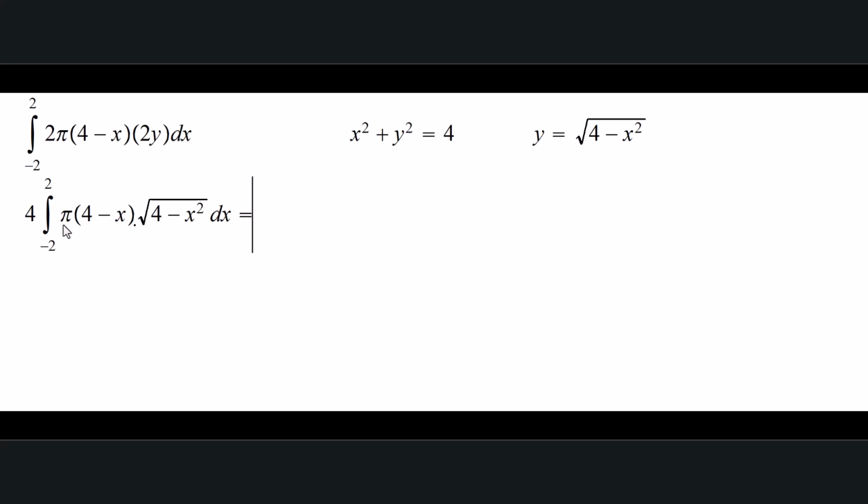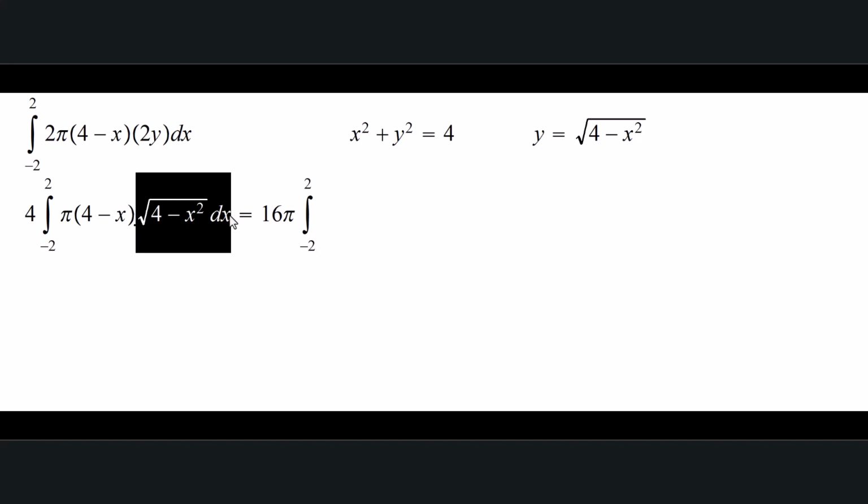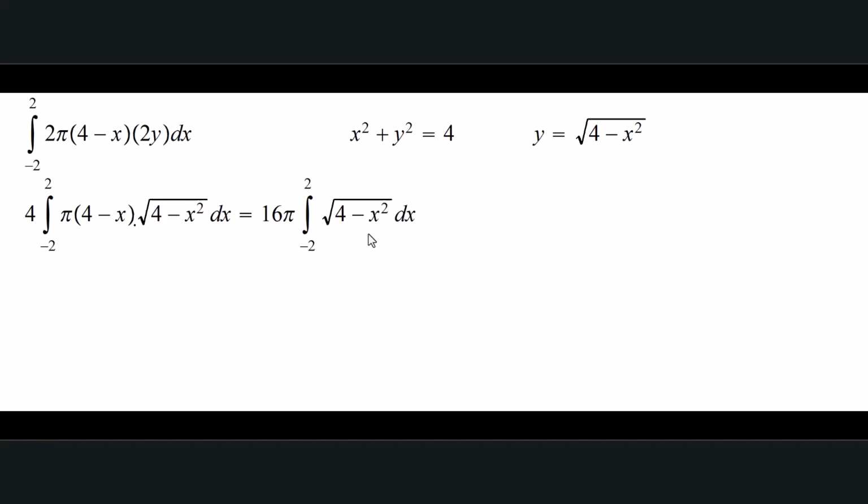We distribute over this bracket. First we get 16 pi, when we multiply 4 times 4, times the integral of 4 times the square root of 4 minus x squared dx.